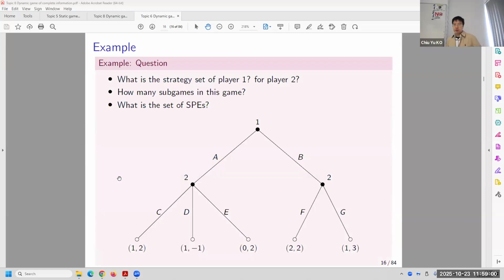Okay, ask yourself, what is the strategy set for player 1 and player 2? How many subgames are in this game? What is the set of SPEs? Okay, so I give you 2 minutes. You can try it because without trying, you never know. 2 minutes.